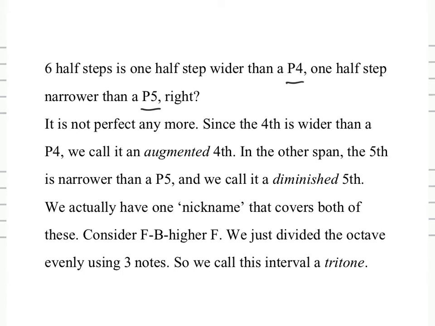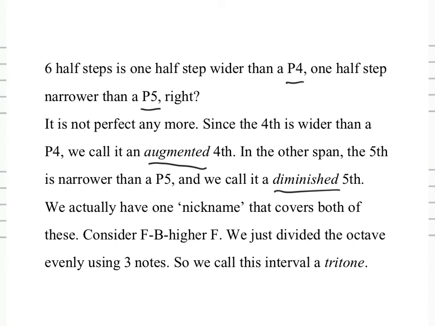Since the fourth is wider than a perfect fourth, we call it an augmented fourth. Augmented are things that are bigger, made larger. In the other span, the fifth is narrower than a perfect fifth, so we call it a diminished fifth. We'll learn more about augmented and diminished intervals when you get to class, but this is the one case where in order to see what's happening in a major scale, you need to understand this. We actually have a nickname that covers both of these.